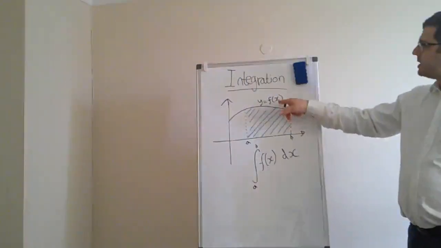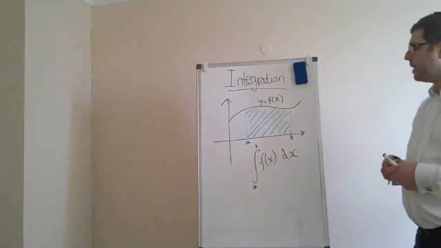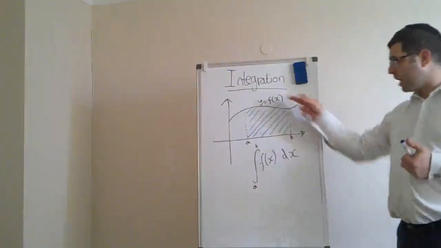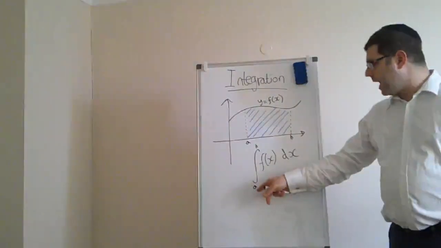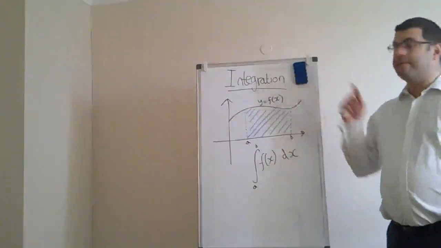So if you integrate y, in other words, if you integrate the function of x where y is equal to, for this particular curve, between A and B, that will give you that area.